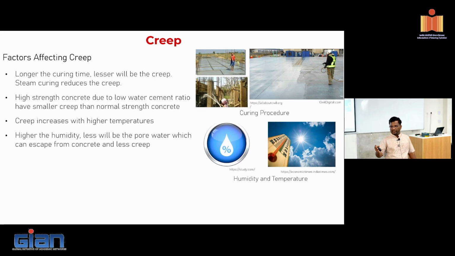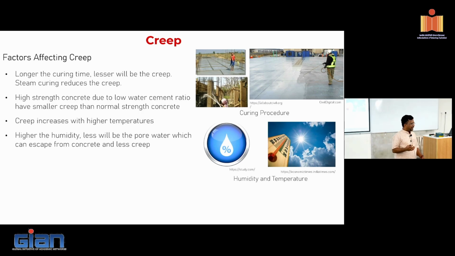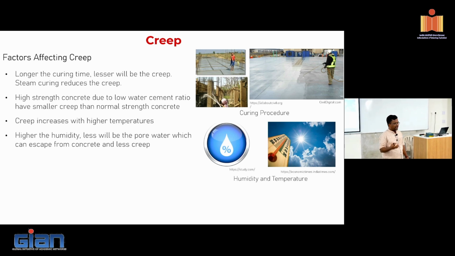If you go to Chennai, it will be about 80%. So where will you have less creep, in Hyderabad or in Chennai? In Chennai, because the relative humidity is already high and the air is already saturated with moisture, it cannot absorb any more moisture. So the creep deformations are going to be lesser, but in Hyderabad we'll have more shrinkage and more creep. That is one disadvantage, you can see.